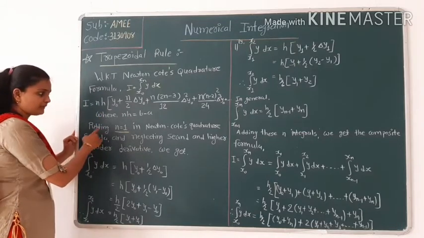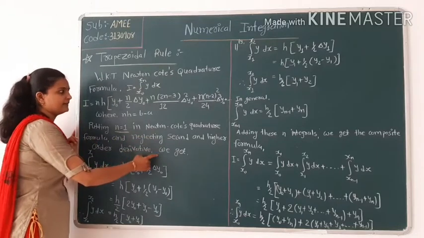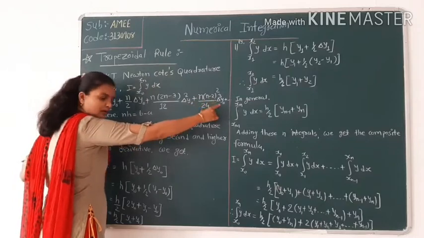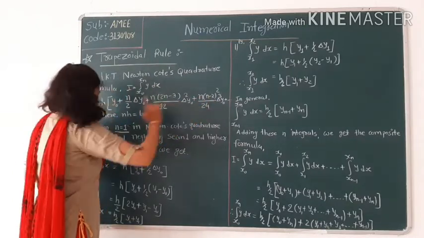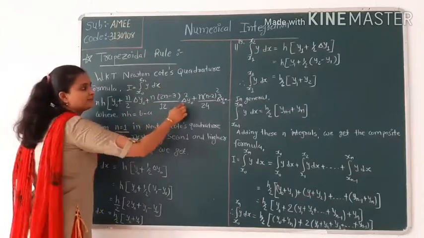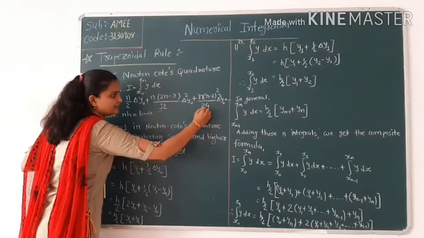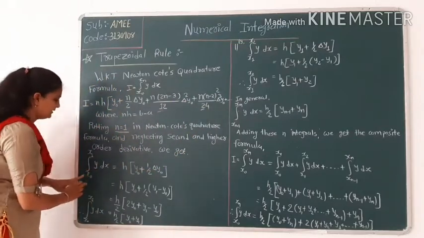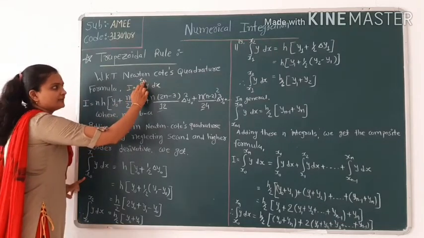So, we neglect second and higher order differences: delta square, delta cube. We neglect from the second order, so we neglect this and this term. So, we can write first, x0 to x1, with the value of n equals 1.